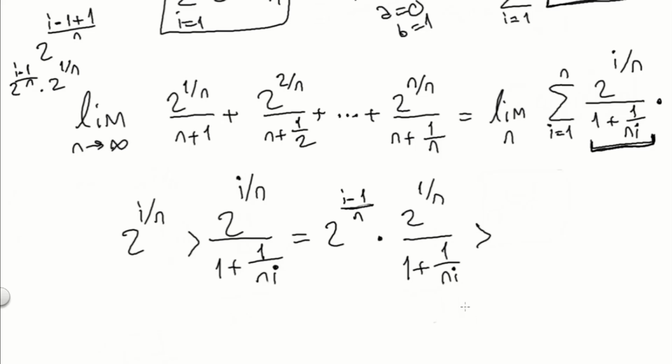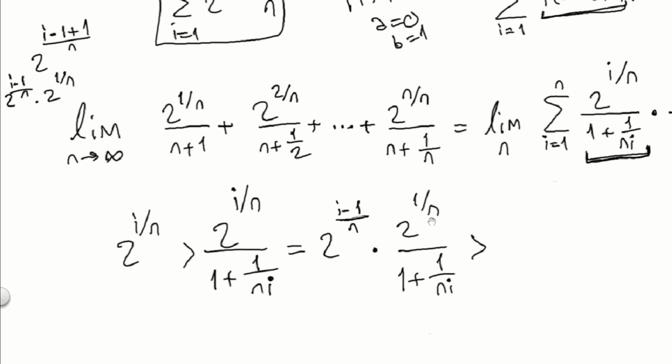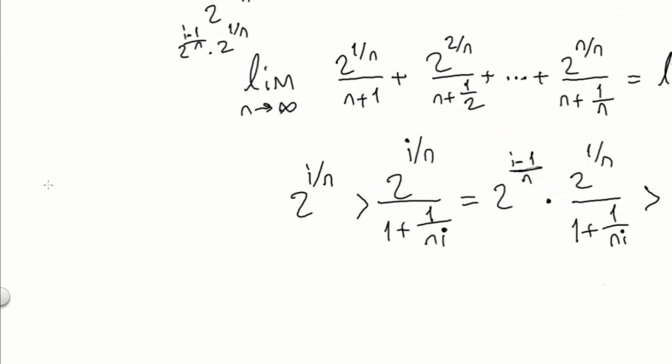So now I want to find a lower bound for 2 to the 1 over n, which we can also think of as 2 to the x. I know that 2 to the x is just exponential, it looks like this, and obviously I can find a lower bound for it.